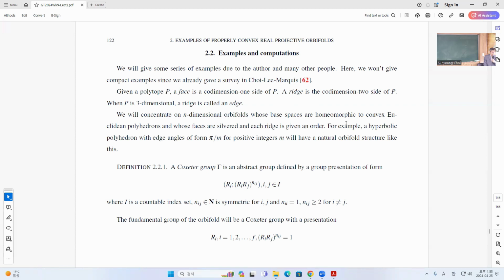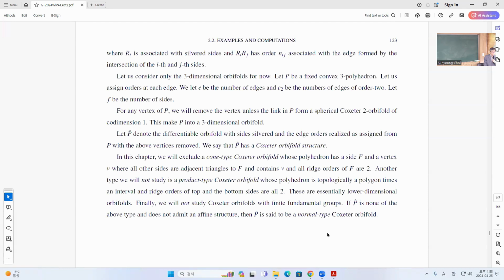So this is a bit wrong, you need to have vertices here as well. Okay, so some vertices could be missing, but anyway, then the fundamental group will be this Coxeter group. Okay. Right, so P has a Coxeter orbifold structure.